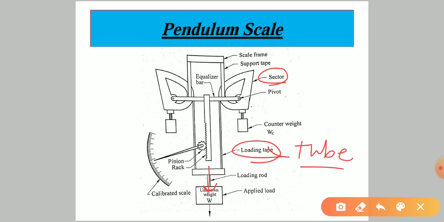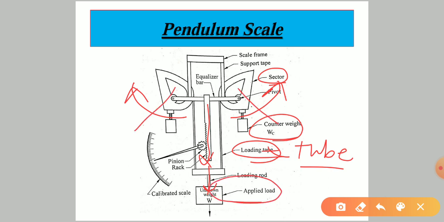Consequently, the counterweight WC swings out, which means when we apply force over here, it will swing outside on both sides. The system equilibrium condition is attained when the moment due to the counterweight becomes the same. Suppose at this position it is balanced, this will be the balanced position.